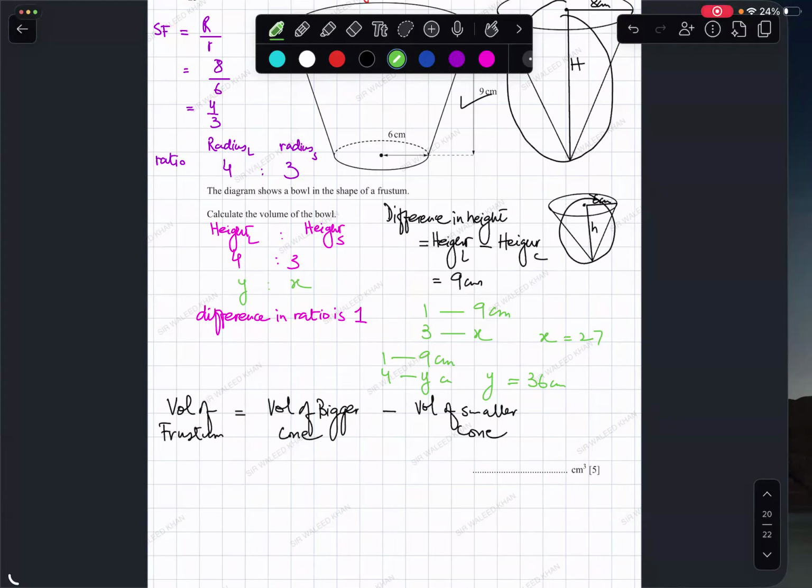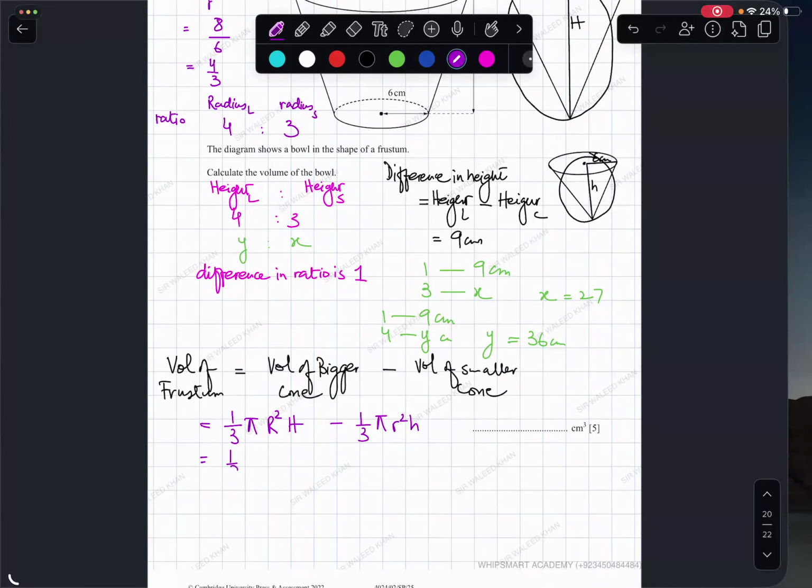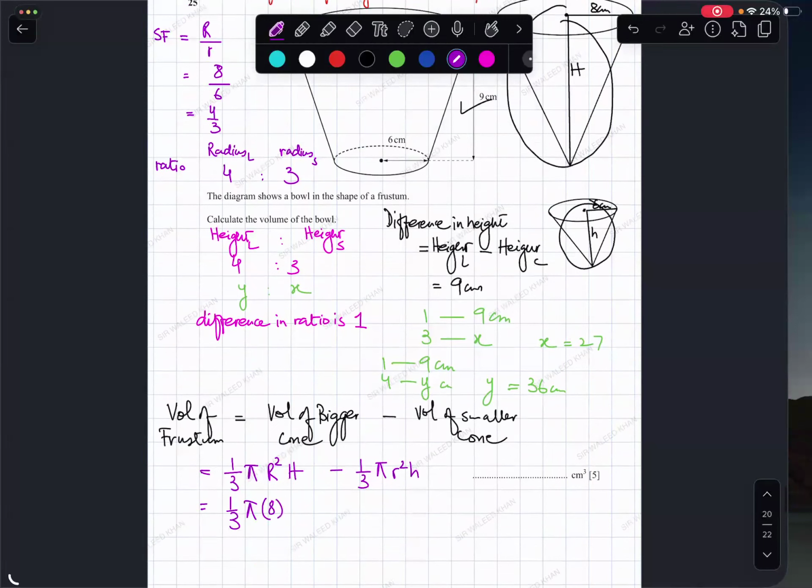Now can we find out the volume? Yes. It's 1 by 3 pi r square h minus 1 by 3 pi r square h. So this will be 1 by 3 pi. R is 8 square. The height we just got for the larger cone, that is 36, minus 1 by 3 pi r square, which is 6, and h is 27.